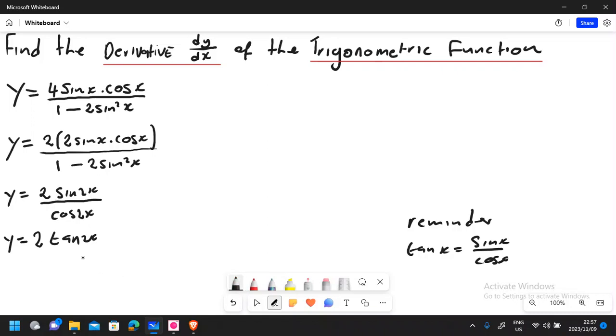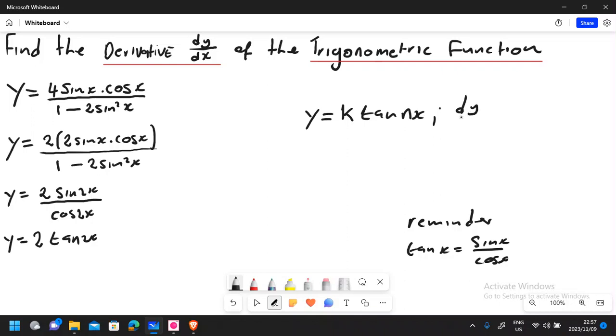Now when it's like this, we can find the formula that we're going to use to find the derivative. Let's go and check. We have y equals k tan nx, with k here, and this time around we also have n, and then x.